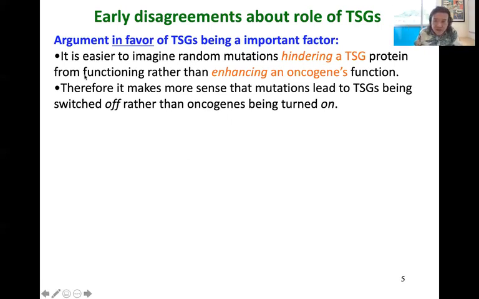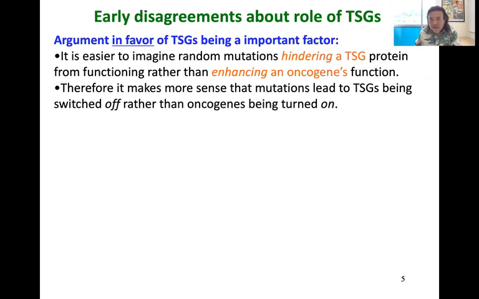Because there was a certain group that from the start argued that these tumor suppressor genes must be an important factor in the progression of cancer, because it must be that the loss of these tumor suppressor genes is a critical part of cancer forming.